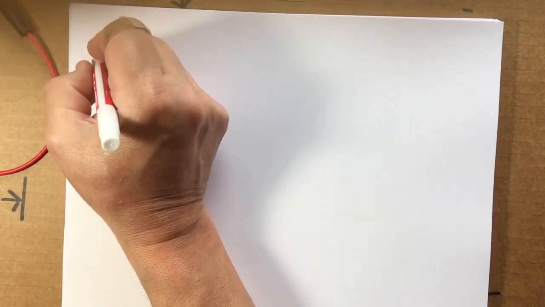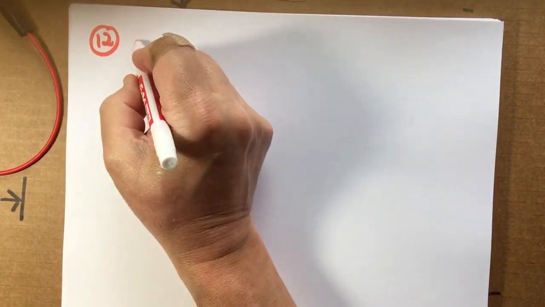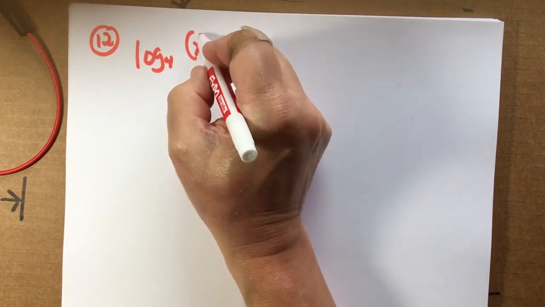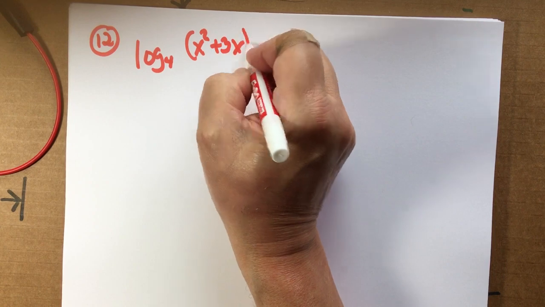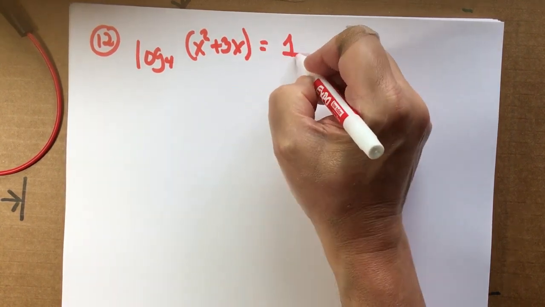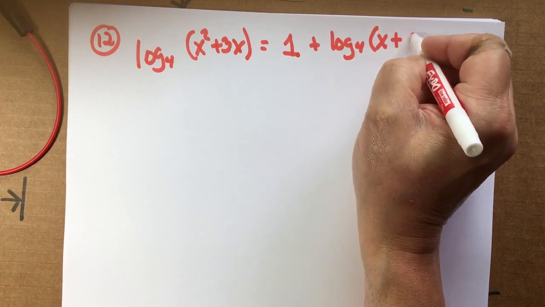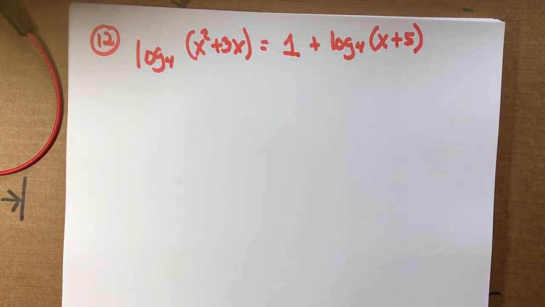Number 12. Number 12 says log base 4 of x squared plus 3x is equal to 1 plus log base 4 of x plus 5. It's a complicated log equation.